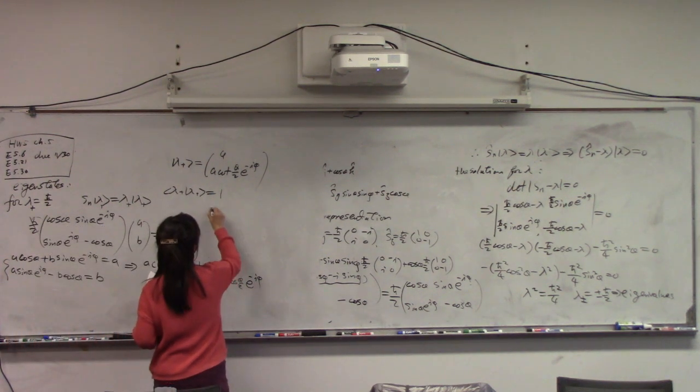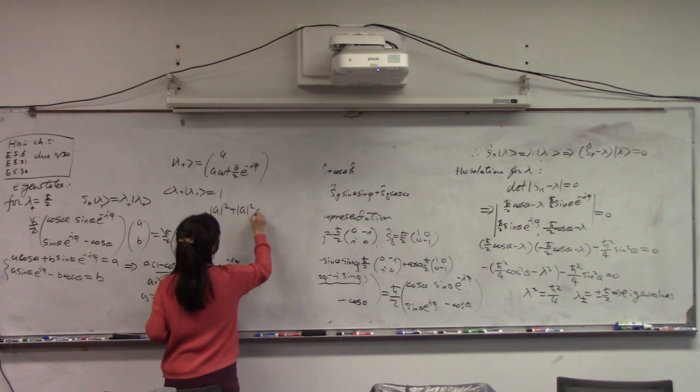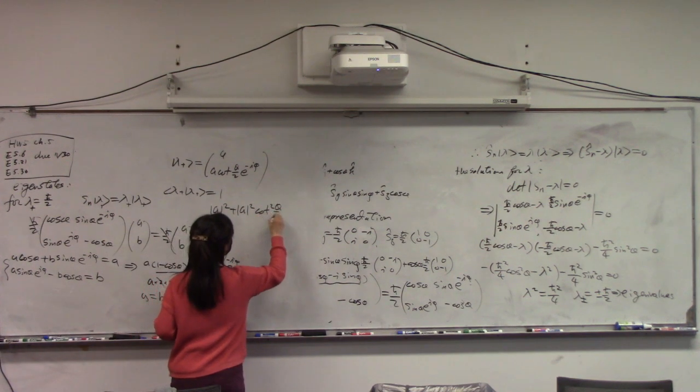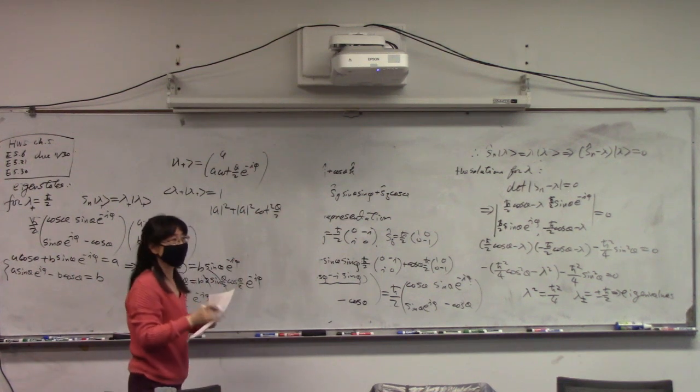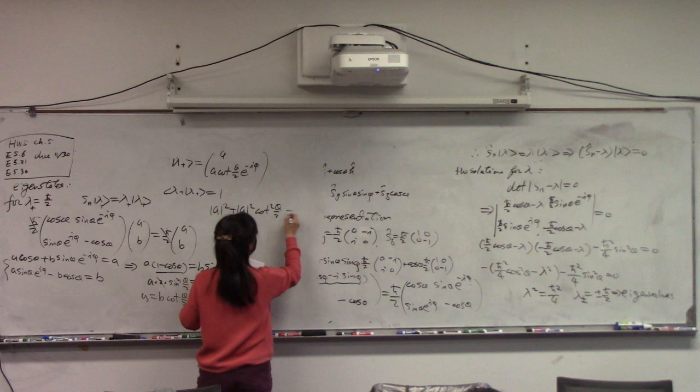Normalize, that is a square plus a square cotangent square half theta. This one is 1, right? Normalize this multiplied by its conjugate, equal to 1.